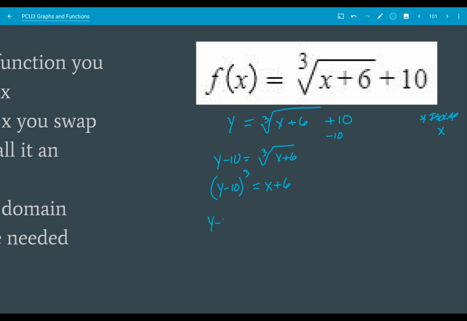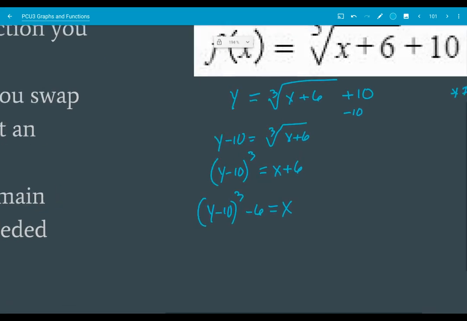So we've got y minus 10 cubed minus 6 equals x. Bingo. So we've now isolated x and put it in quarantine. So our next step is going to be to flip them back. So we're going to say y equals, and this is going to be equal to f inverse of x, x minus 10 cubed minus 6.